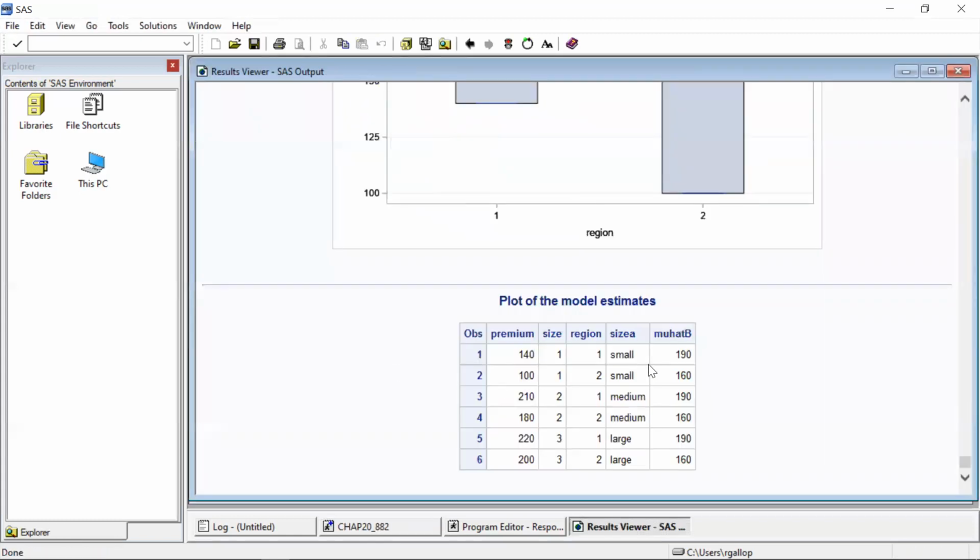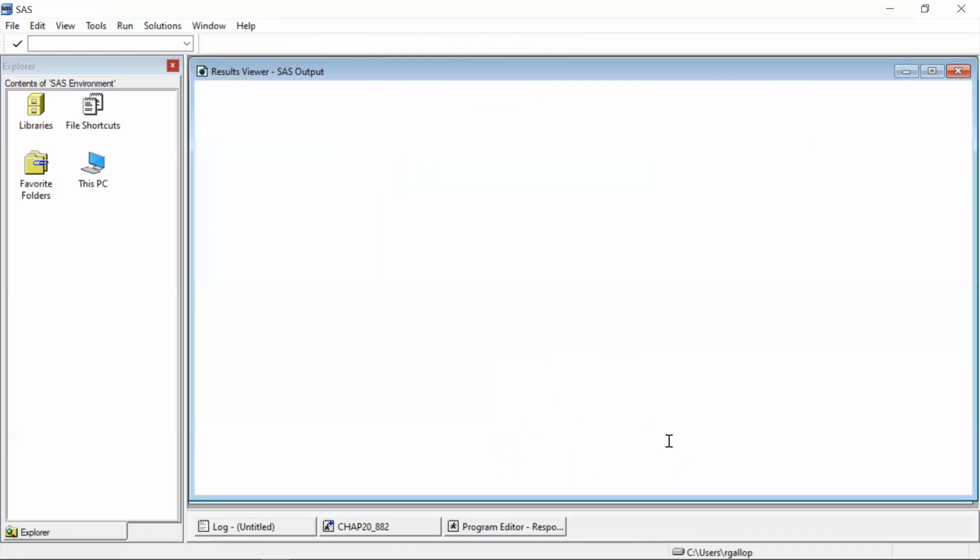Factor B, the mean for, in this case here, region 1 is 190, region 2 is 160.